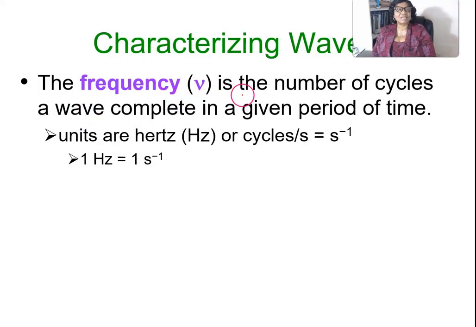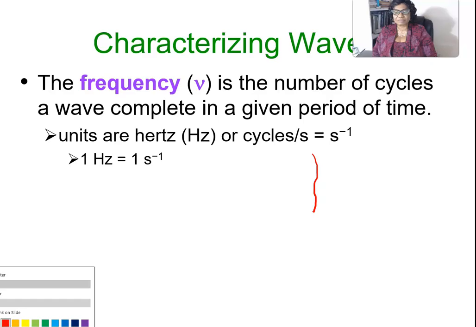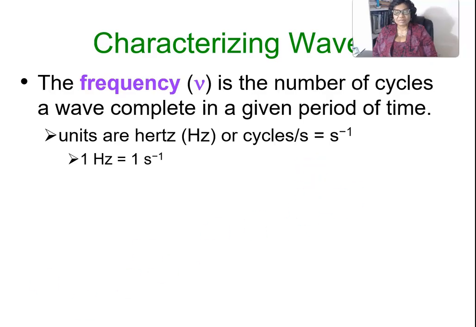So frequency is the number of cycles a wave completes in a given period of time. For example, let's say we have a line here, and the waves are coming.